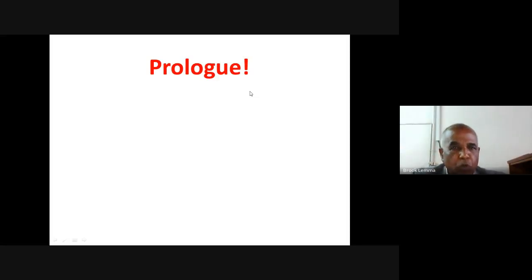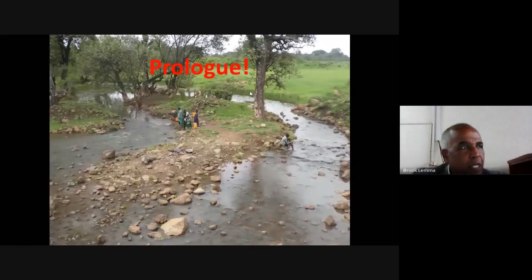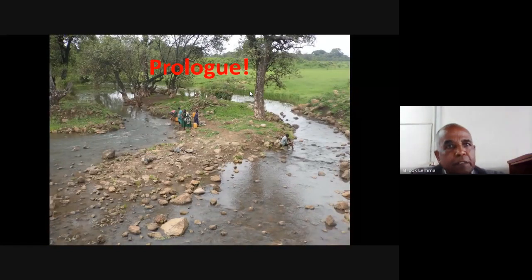With that, I want to start my presentation. Firstly, I have a small prologue, an introduction, whereby I want to present some pristine environments where local people are using the bare minimum of water quality in the way of life that they lead.